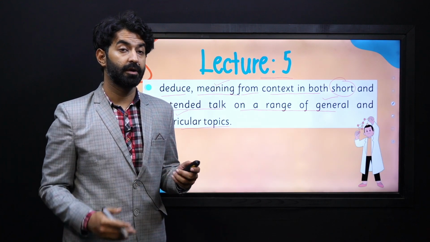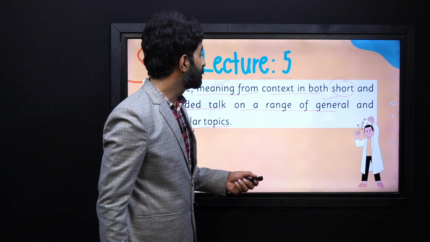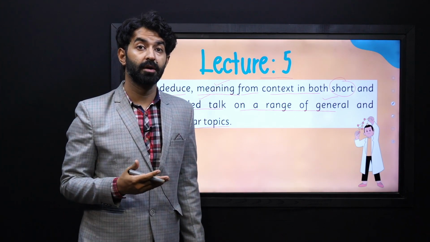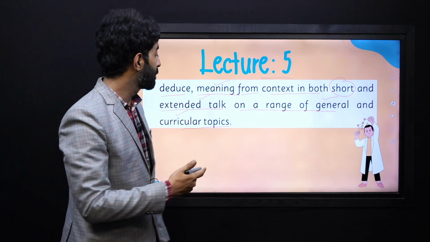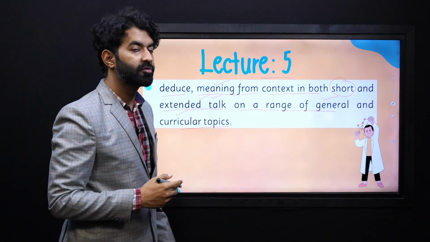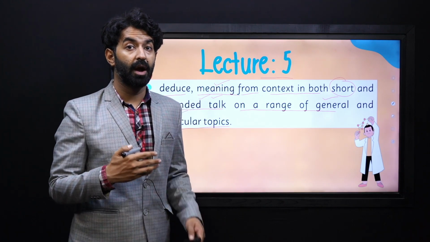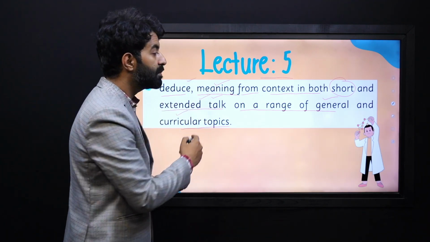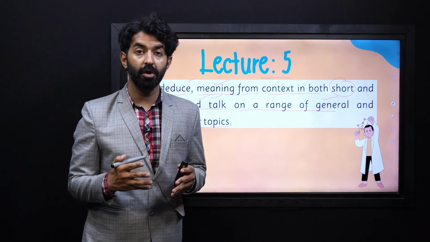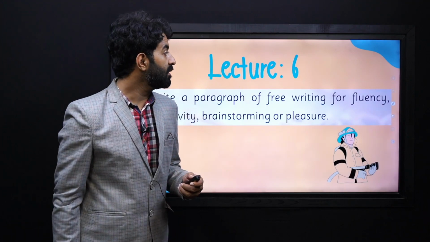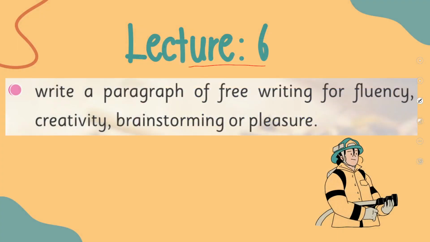This SLO is about that, and we will be looking at short or longer speeches or talks on a range of general and particular topics. We will be learning how we can understand and deduce meaning from these talks so that we can be a good listener.